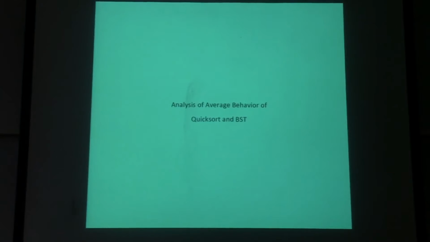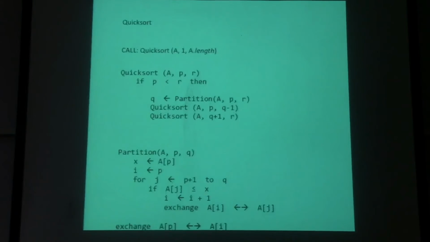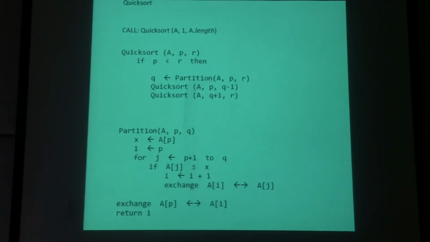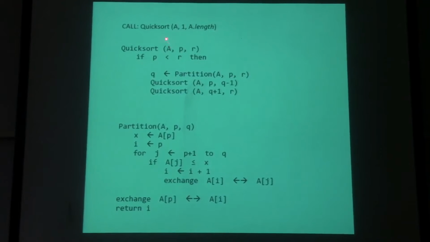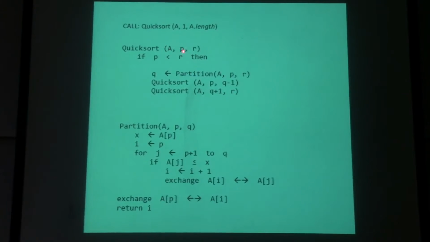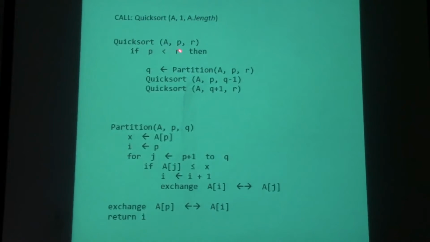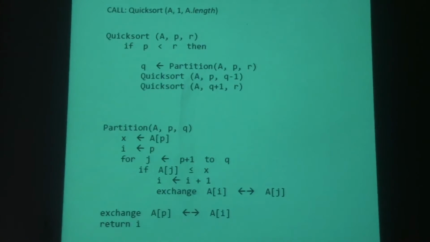The first thing we're going to look at is the quicksort. Just to remind you what the quicksort algorithm looks like: we want to sort an array from some index P to index R. If P is less than R, that means you have at least two elements.